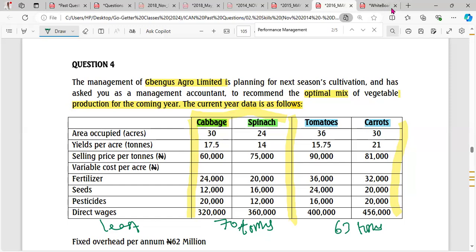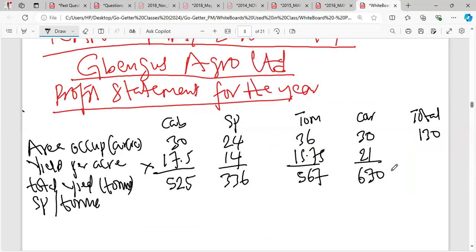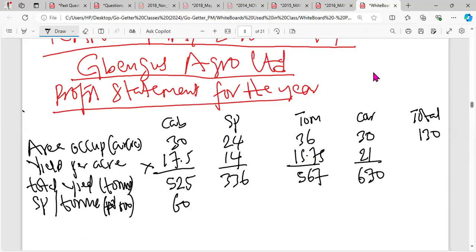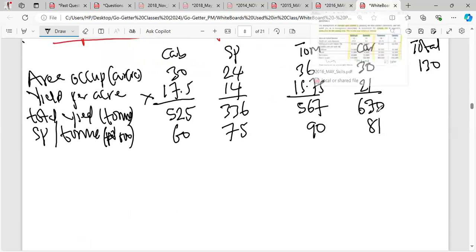I'm going to put 3 zeros here. This is 60,000. This is 75, this is 90 and 81. Okay, so this is the selling price.